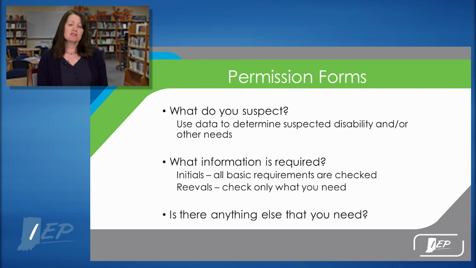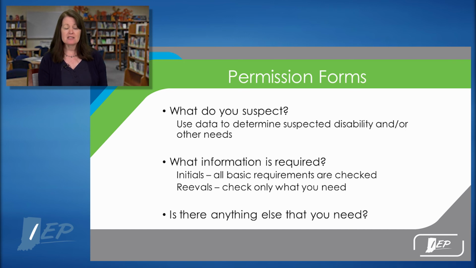Now, you may have some students that come your way for an evaluation that have already had some outside evaluation, and you're adding to it. So maybe a cognitive assessment is required, but you already have one from a recent evaluation somewhere else that you feel is valid and giving you good information.